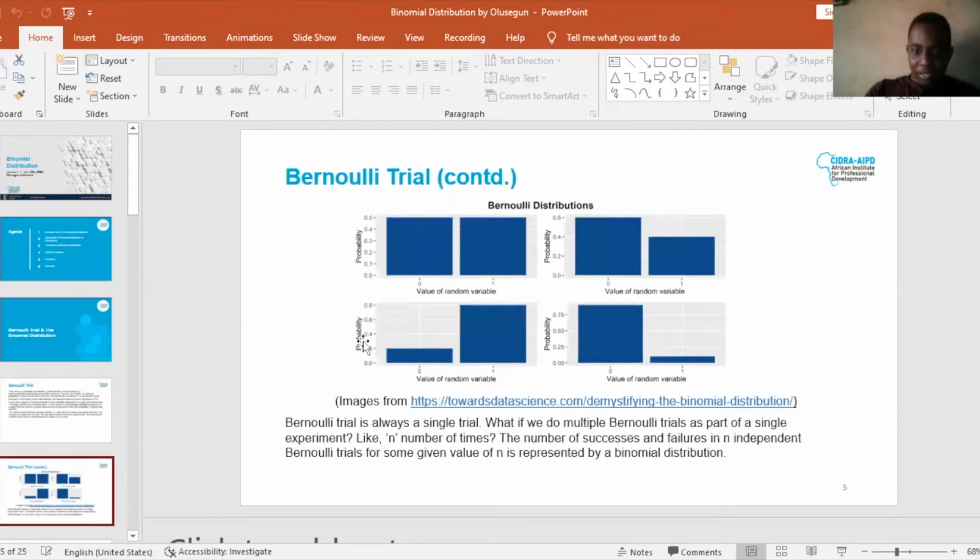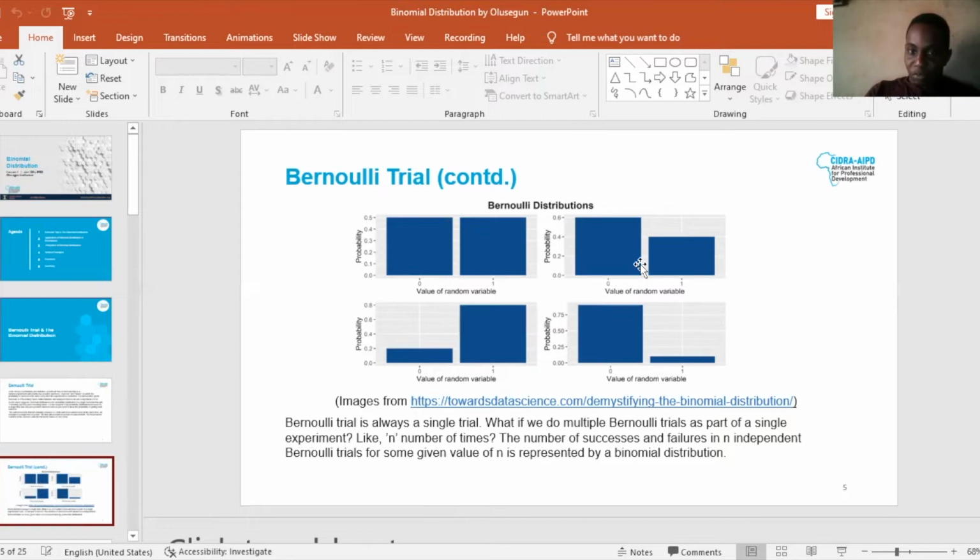Now, this is a pictorial illustration of what a Bernoulli distribution looks like. Here is 0 or 1. And you see that some Bernoulli trials have different probabilities. This first one describes a coin toss with 50% probability of a head, 50% probability of a tail. The others also have different probabilities.